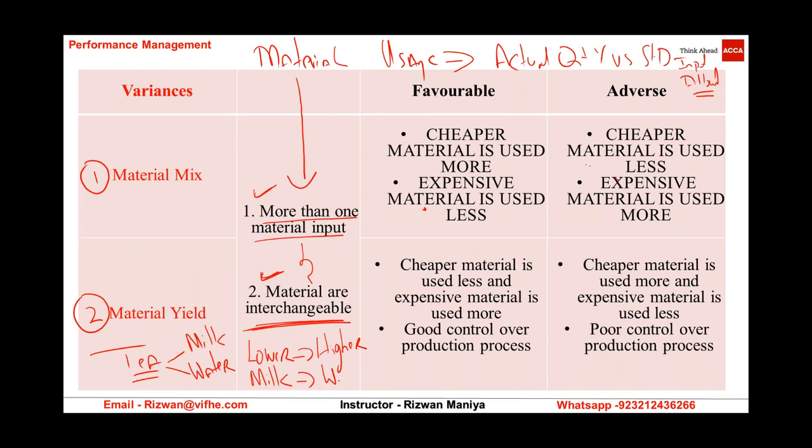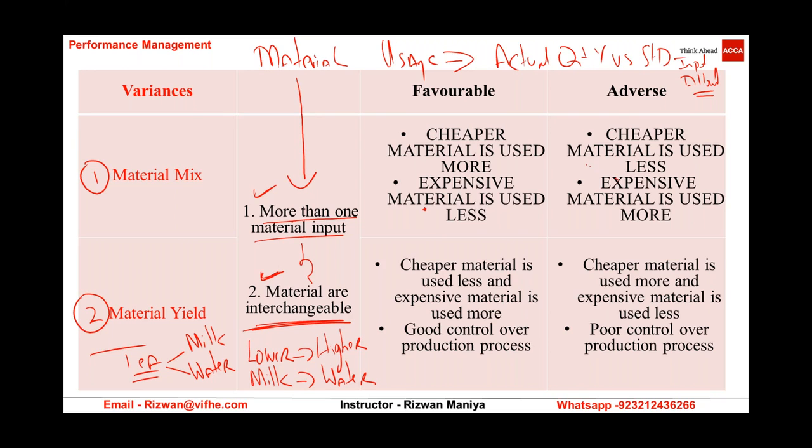If you reduce the quantity of milk and, in order to compensate for that, you increase the quantity of water, this means these two are interchangeable, which means the reduction of one quantity has been compensated by increasing the quantity of the other ingredient.